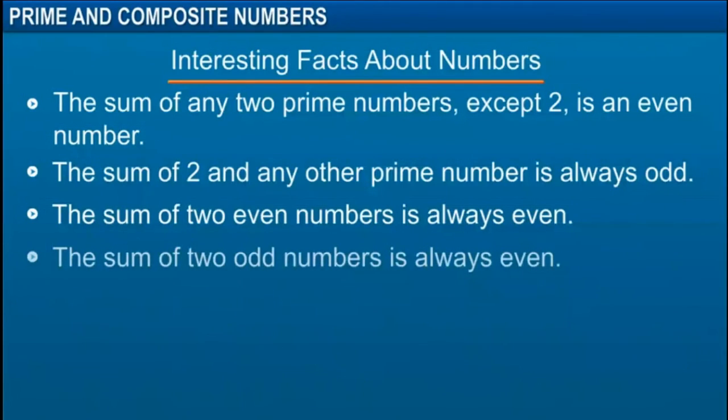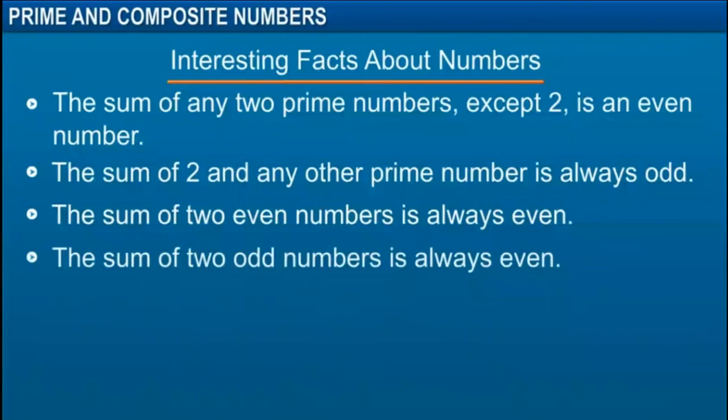Now next, the sum of two even numbers is always even. Now same way, the sum of two odd numbers is always even. Okay, so these are the interesting facts that we have studied about numbers.